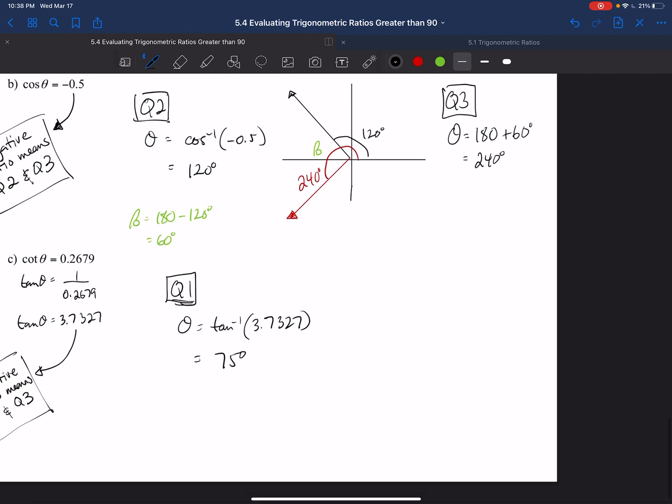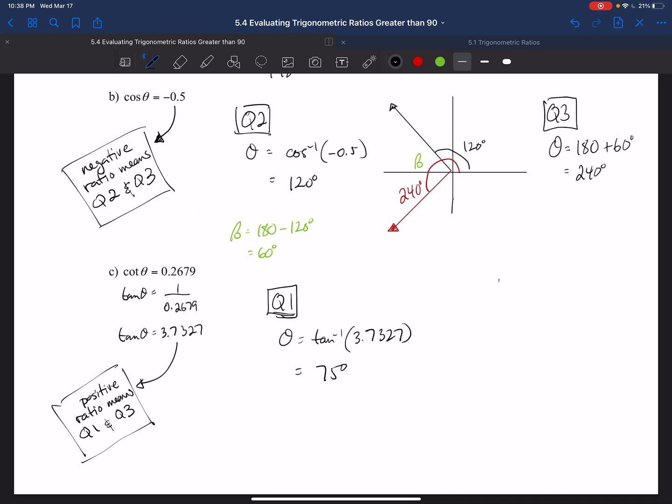But again, I know that's not the only answer. That's quadrant 1, but in quadrant 3, I'm going to have another answer. So in quadrant 1, it was 75 degrees away from the x-axis. So that is my related acute angle as well.